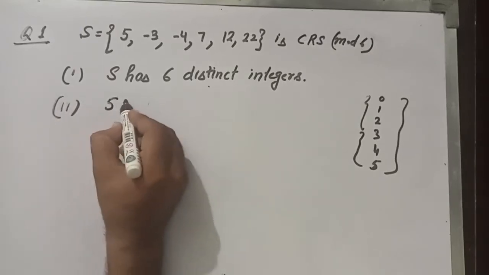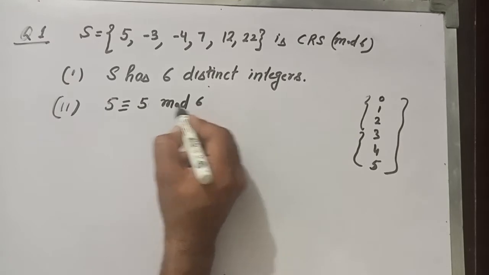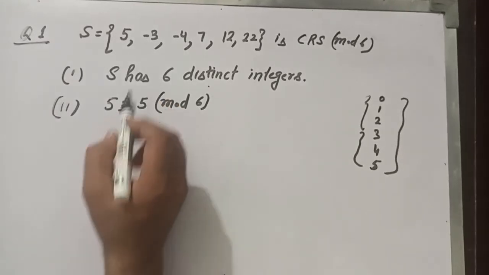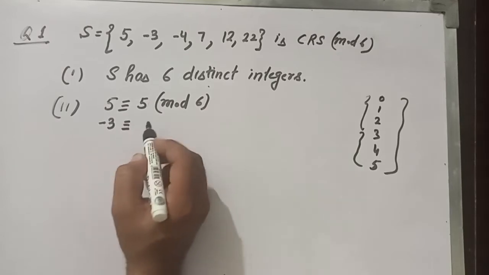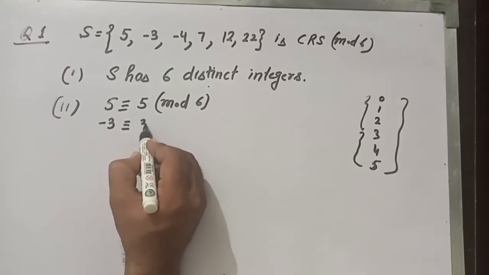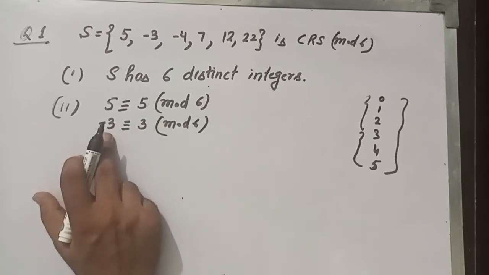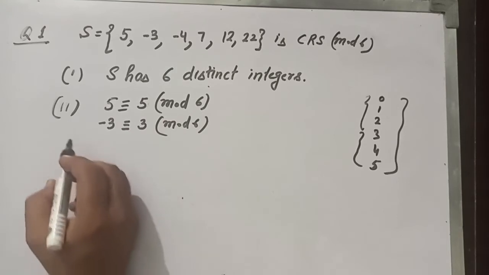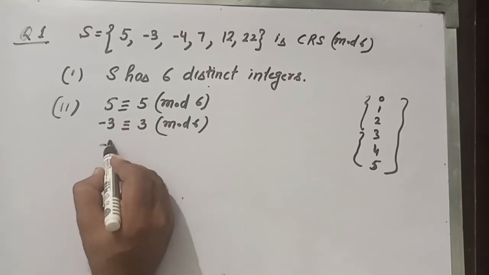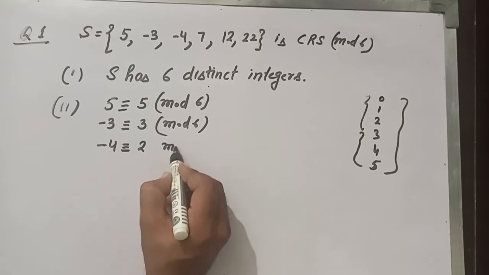See that 5 is congruent to 5 modulo 6. Secondly, -3 is congruent to 3 modulo 6, because the difference of -3 and 3 is divisible by 6. Third, -4 is congruent to 2 modulo 6.